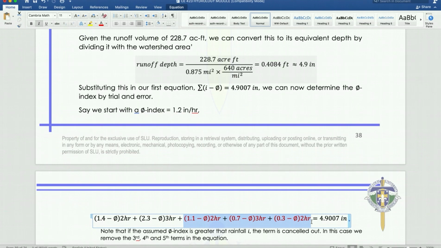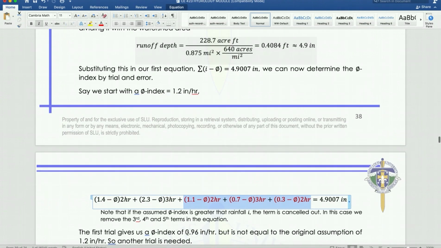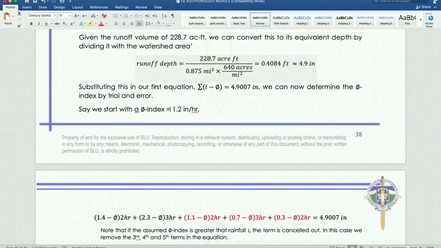And that is equivalent to 0.96. Now 0.96 is still far from 1.2. Dapat mag-i-equate si 1.2 and si 0.96. Since hindi equate si 1.2 and 0.96, I will be assuming again another value for phi index.